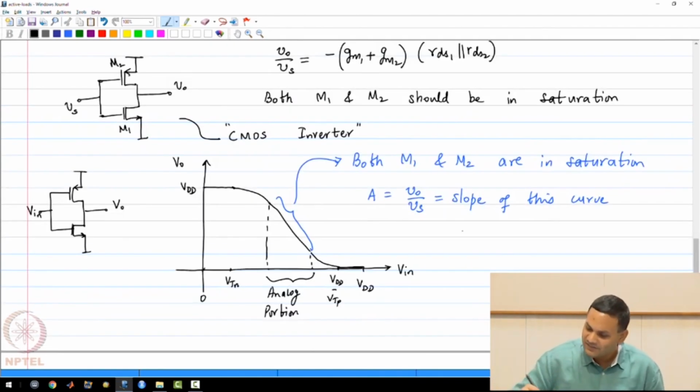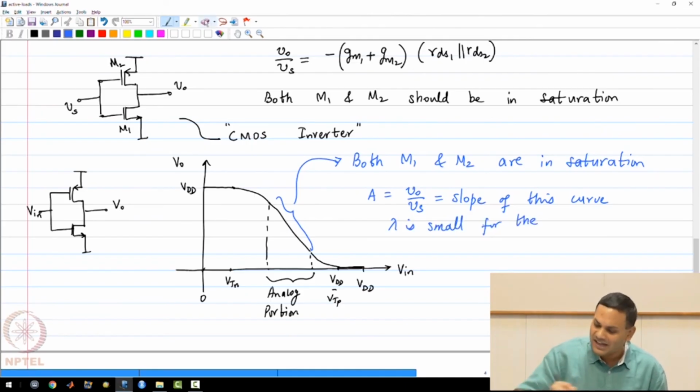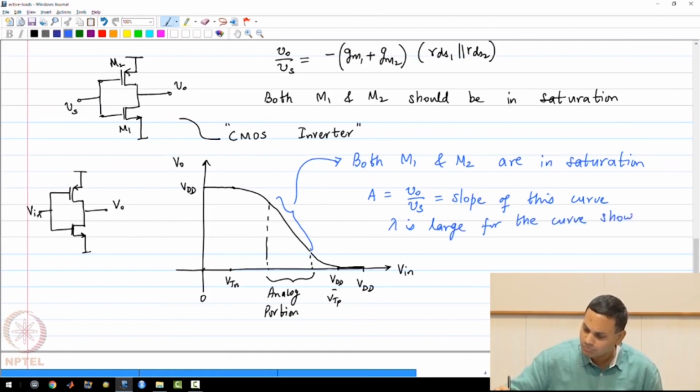I have shown a case where lambda is very large for the curve shown. For an ideal transistor, lambda is 0 and you will have rds equal to infinity. So there is a range of output and input voltages over which both transistors are in saturation. This is called the CMOS inverter, and this can also be used to get very large gains.